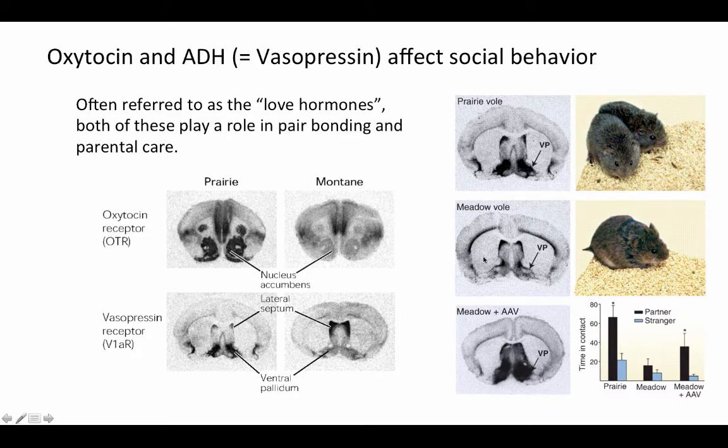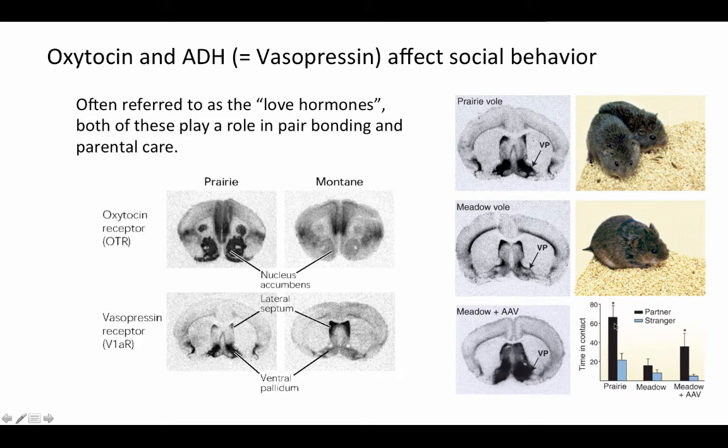So they did a manipulation experiment where they added a synthetic form of vasopressin, injected it into the meadow voles, and found that this significantly increased the vasopressin activity within the brain. So that indicates that the vasopressin receptors are there in the meadow voles. They just don't produce as much vasopressin as the prairie voles, and this was also reflected in the social behavior of these three groups.